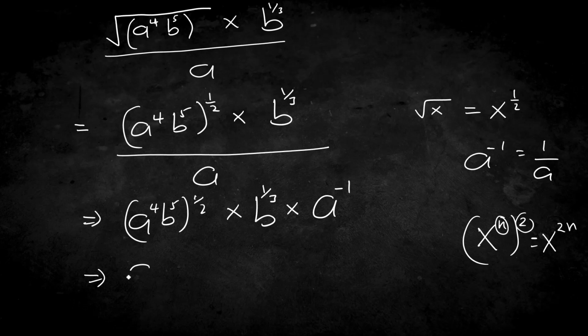So we have a to the power 4 times half, multiplied by b raised to 5 times half, times b to the power 1/3, times a to the power minus 1.